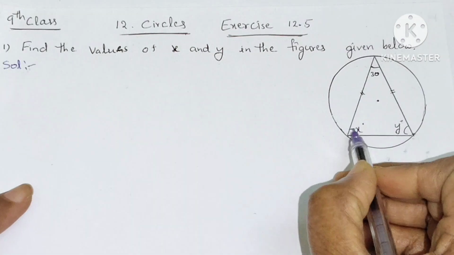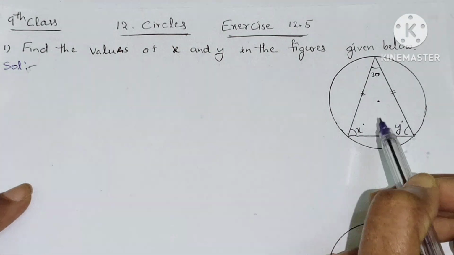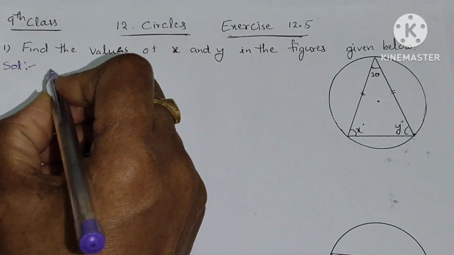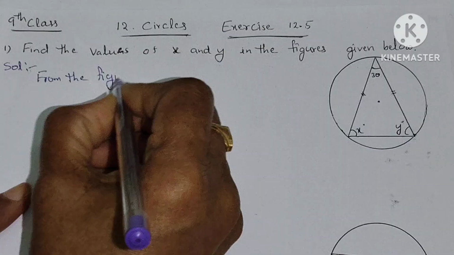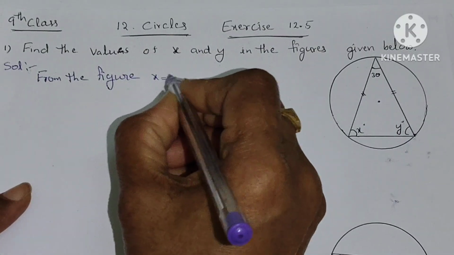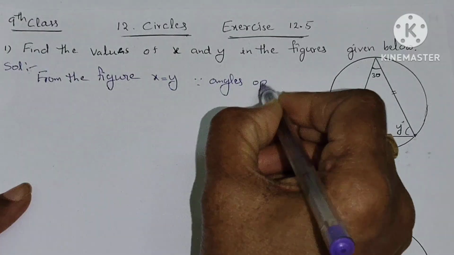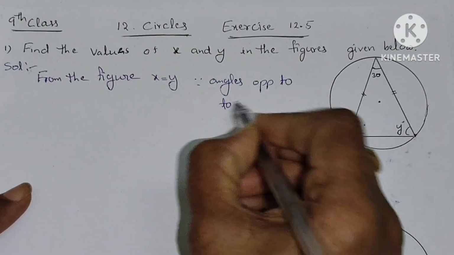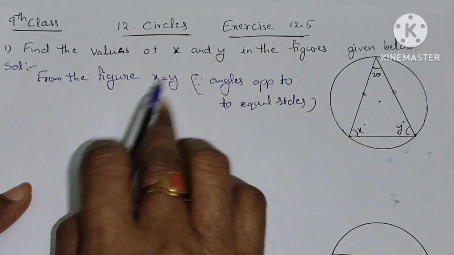So here this is the diagram. These two sides are equal, and angles opposite to equal sides are equal. First we write that from the figure: x equals y, since angles opposite to equal sides are equal.